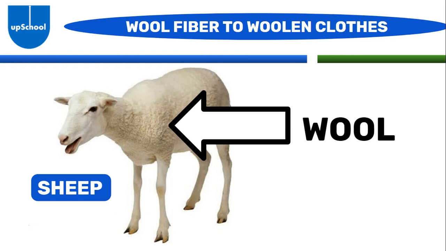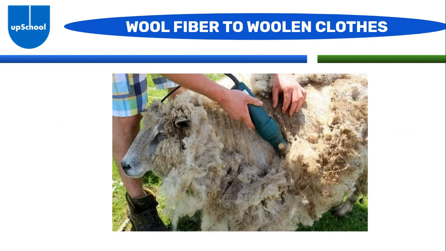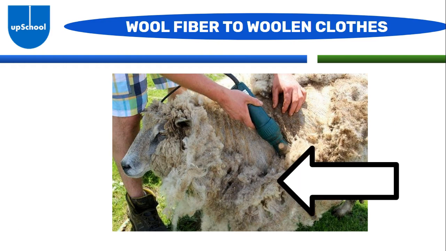So, as you can see here, the fur of the sheep, the fleece, is made of wool fibers. We obviously cut this fur out from the sheep, as the shepherd is doing here.